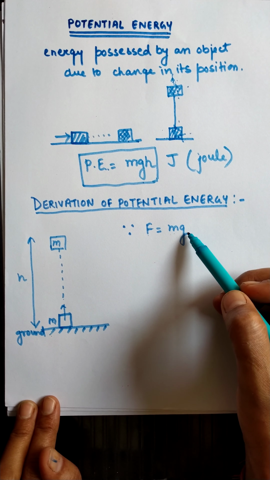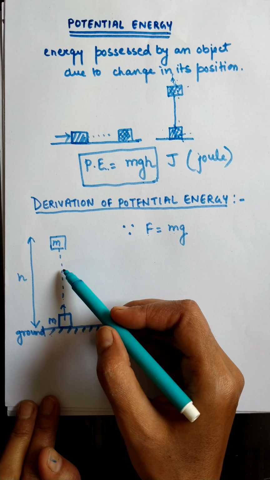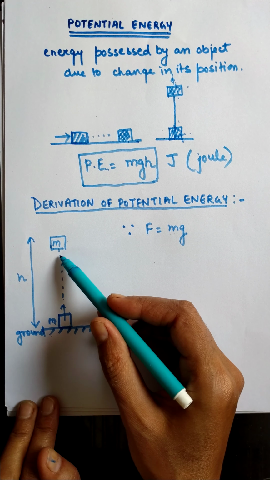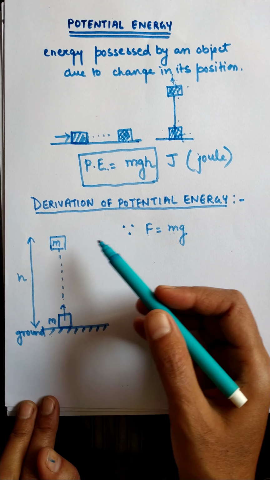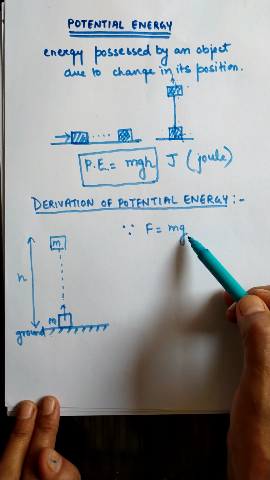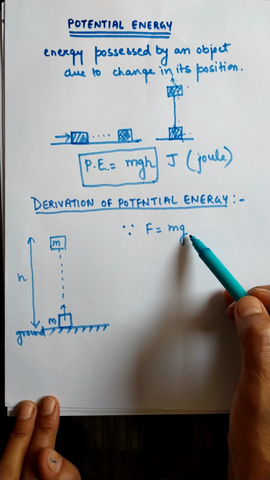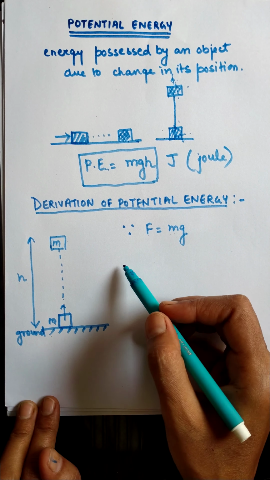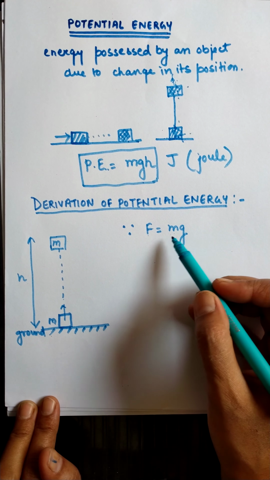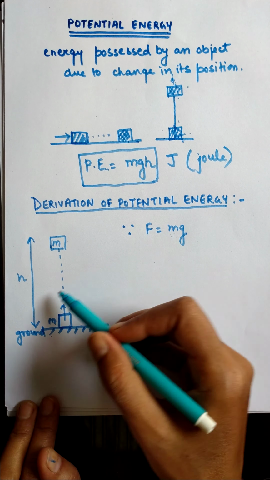Force is equal to mass into acceleration, and if the object is moving against the gravitational force, the object is accelerating, so we use small g, the gravitational acceleration. So force is equal to mass into gravity, mg, and also it is covering the height, that is h distance.